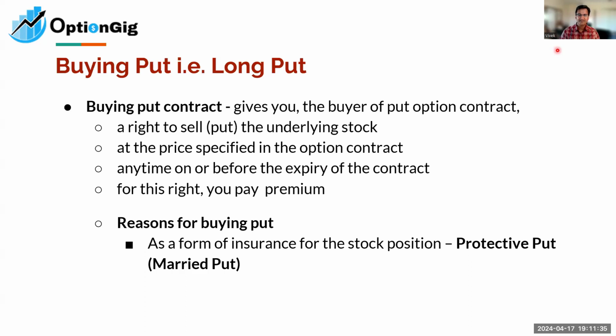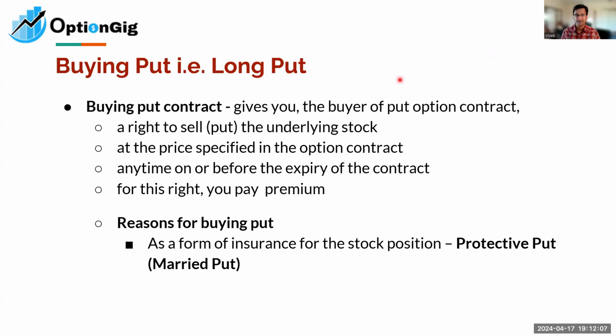I'm gonna use this right and sell the damn Google at $150, even though in the market it is trading at 120. I'm gonna exercise my right to sell it at 150. Yeah, I mean, I paid $4 for that right, but really, really worth it, right? Otherwise, Google is not trading at 120. So that's one reason when you may buy this put.